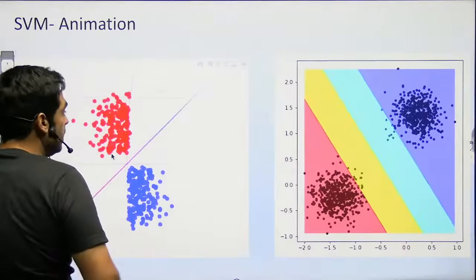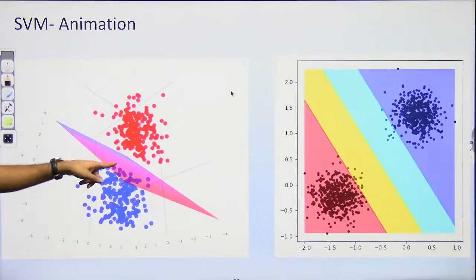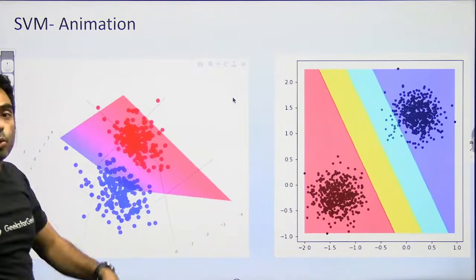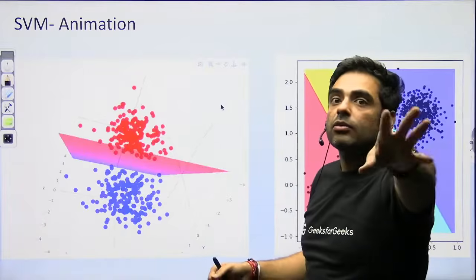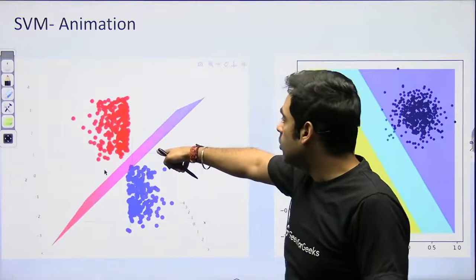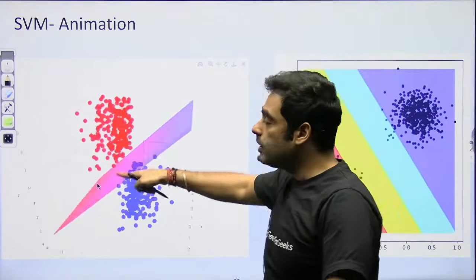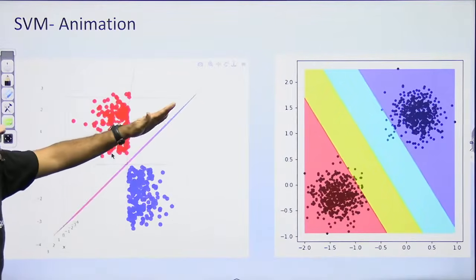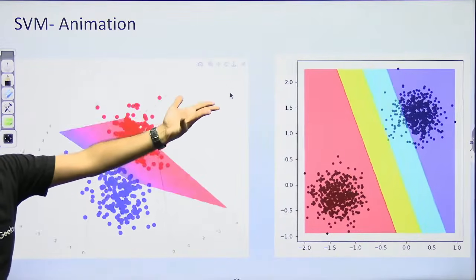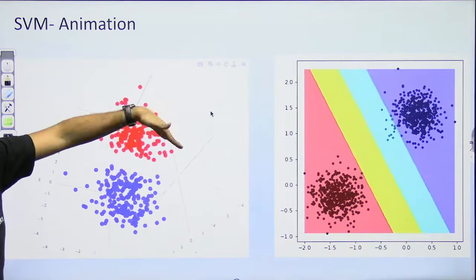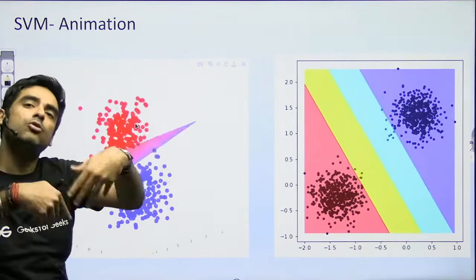So I hope you are able to visualize that I would try to change the orientation or direction of this hyperplane. There is no limitation that I would change this way only. I can change in any of these directions, because that plane could be rotated in any form.